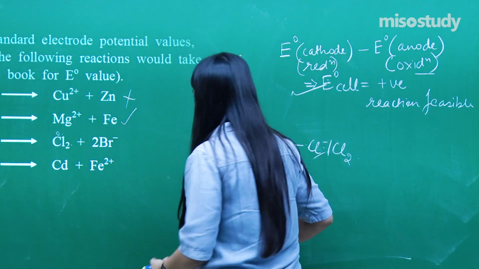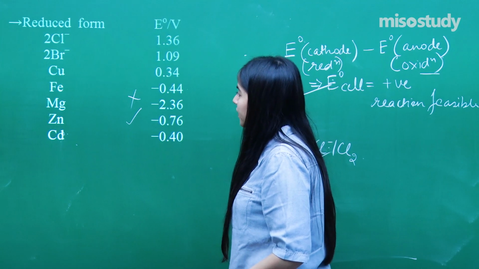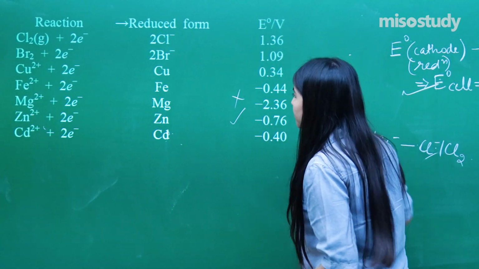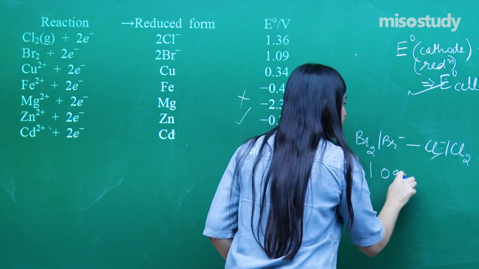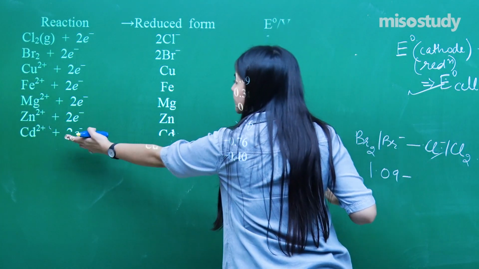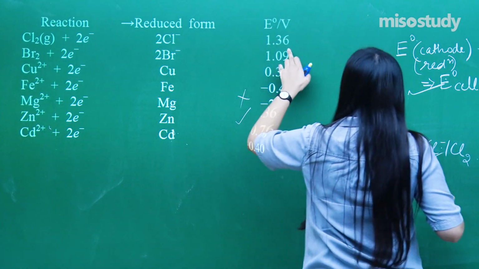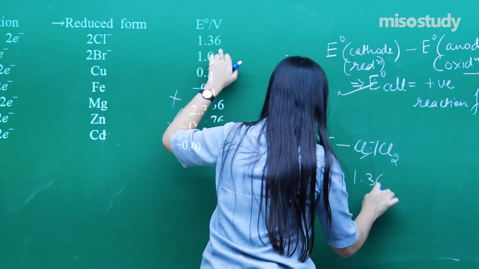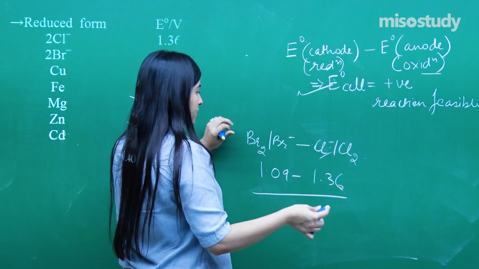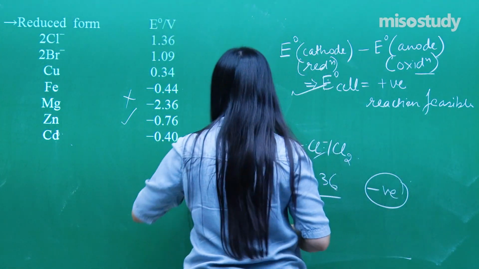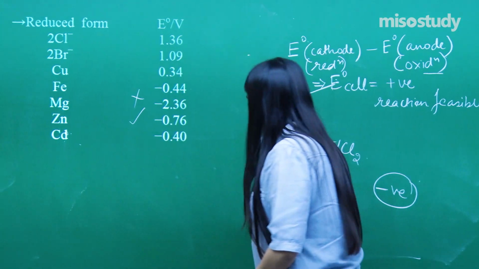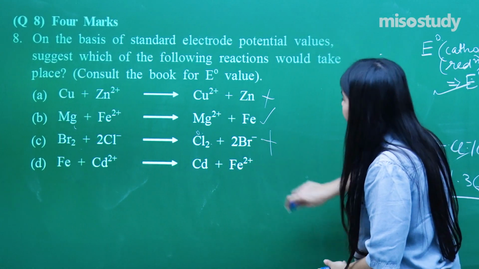I just need the values. Okay. So the values for bromine, it is 1.09 minus of the chlorine, where is it? Okay, 1.36. Now, can you judge that how much will be the value? It will be in negative, right? And that is why the process number 3 is not feasible.